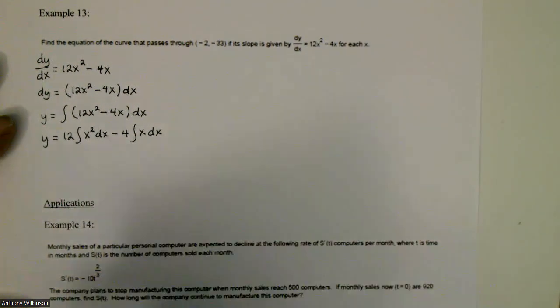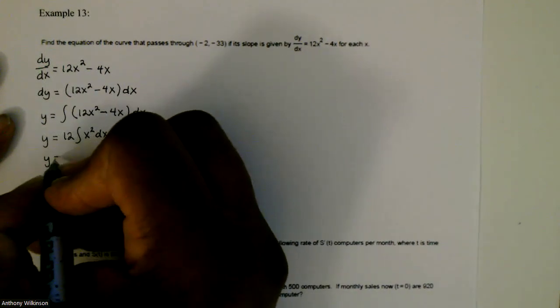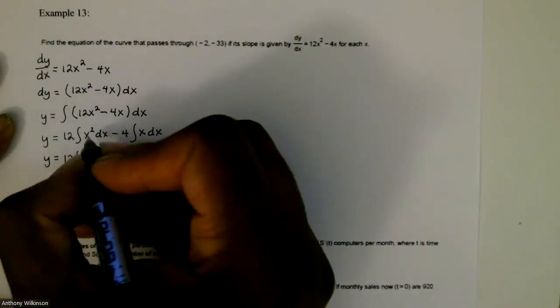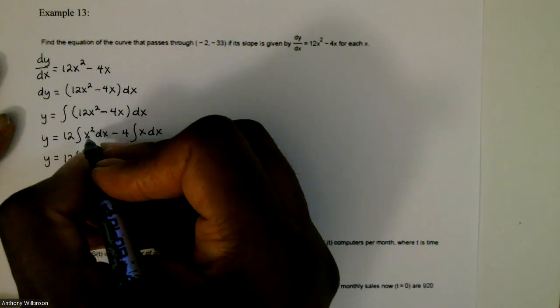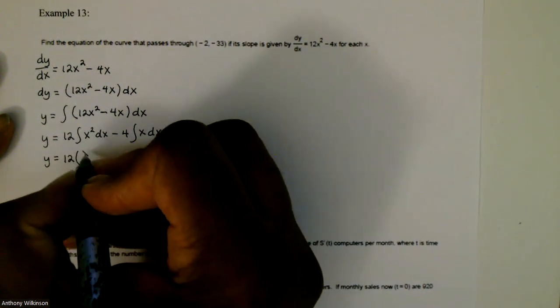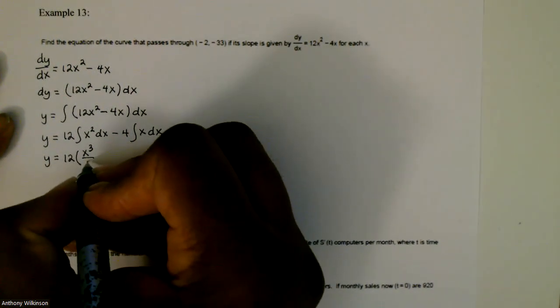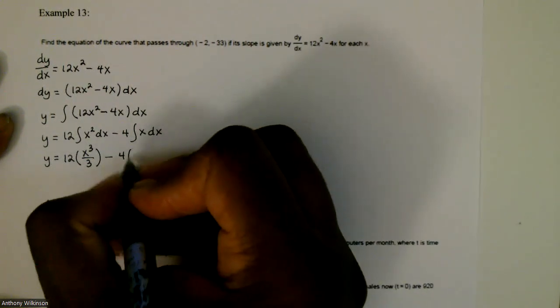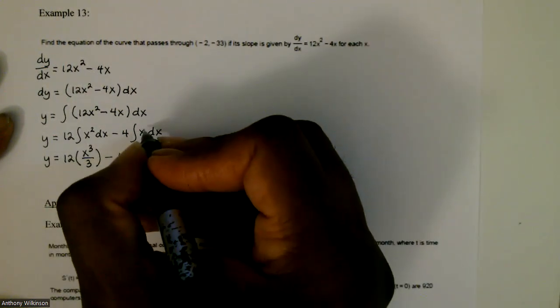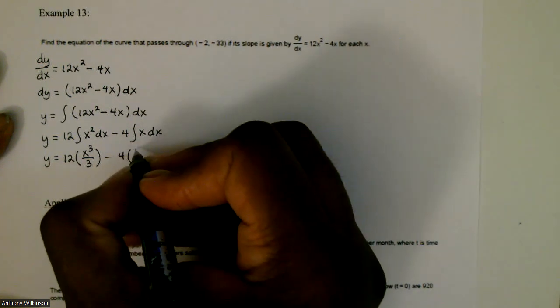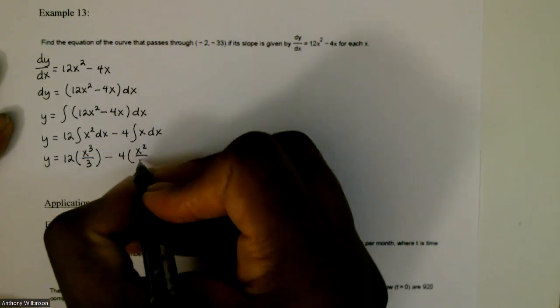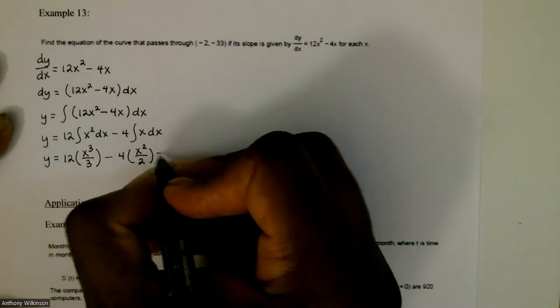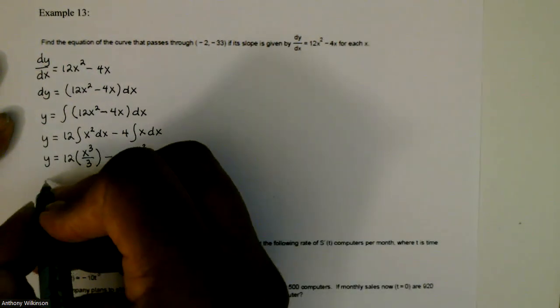Now let's integrate. Bring the 12 down. Using the power rule, I'll increase the power by 1, so it'll be x to the third divided by that new exponent of 3, minus 4 times, for the x to the understood 1, we increase that by 1, so it'll be x to the second divided by 2, then plus c.